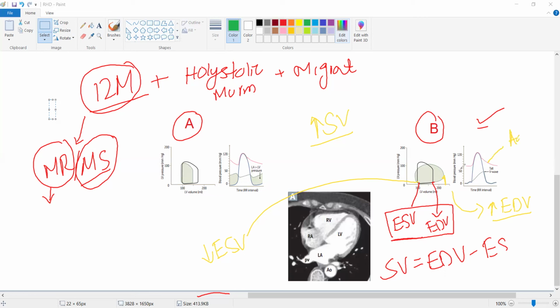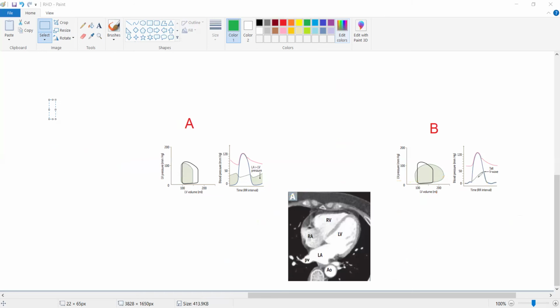So this red line shows the aortic pressure, and this shows the left atrial pressure. You noted that this one is the systole, and this one is the left ventricle pressure. So what happened in the systole?